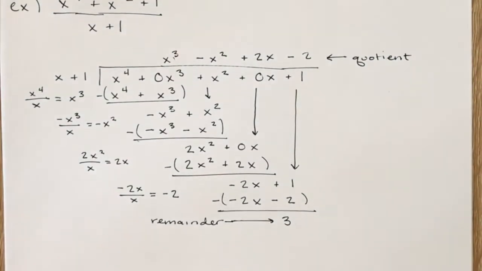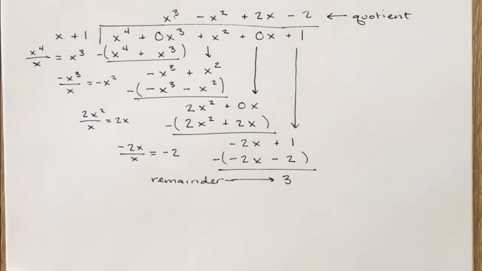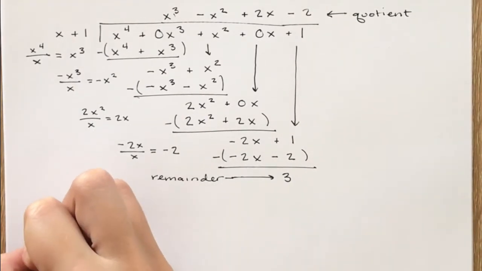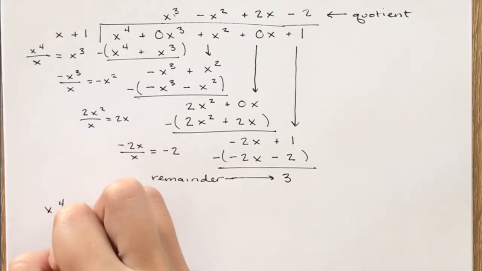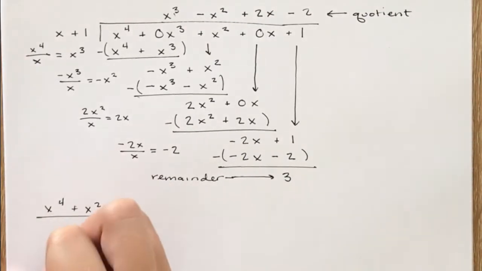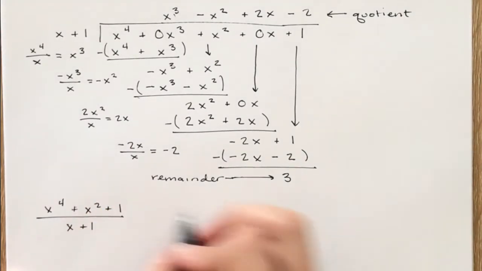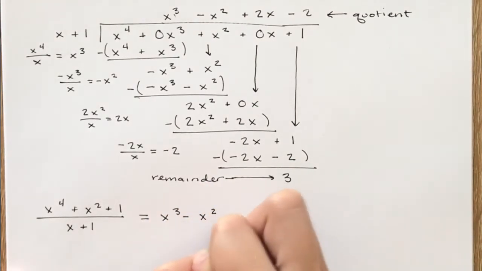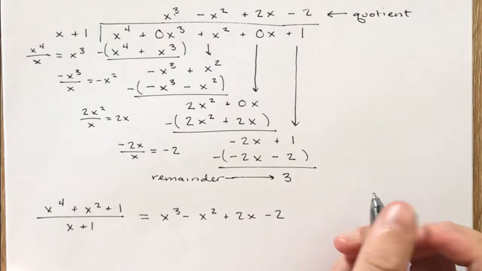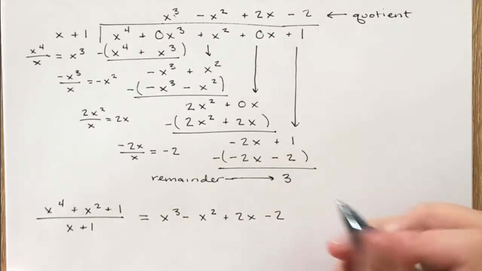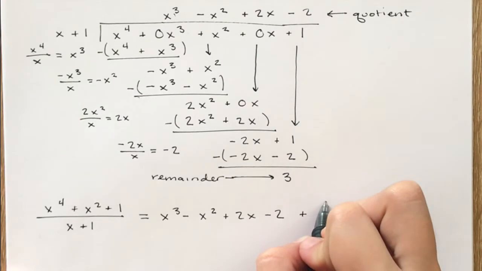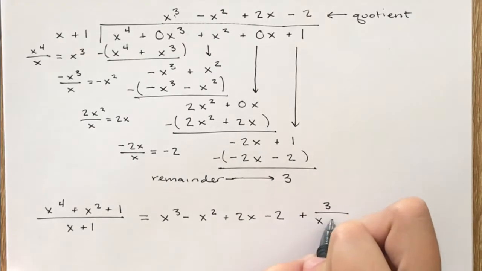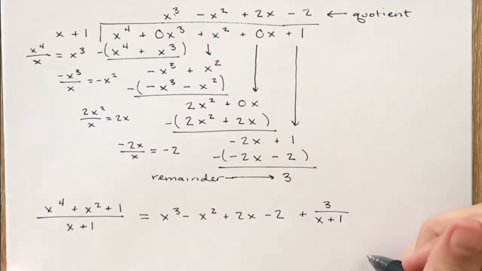Now let's look at how this looks when we write it out. If we write this as an equation, we can say, all right, we divided x to the 4th plus x squared plus 1 by x plus 1, and we got x cubed minus x squared plus 2x minus 2, but this is really important, we had a 3 left over that we couldn't easily divide by x plus 1, so we need to write it as 3 divided by x plus 1.